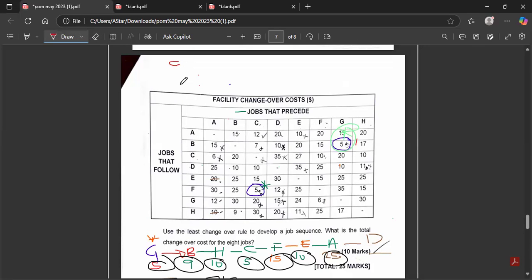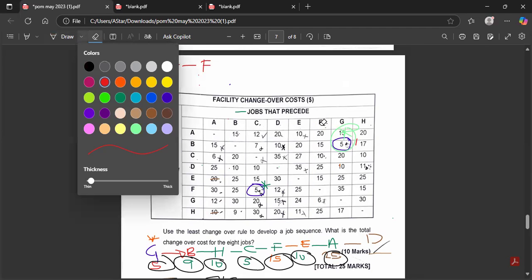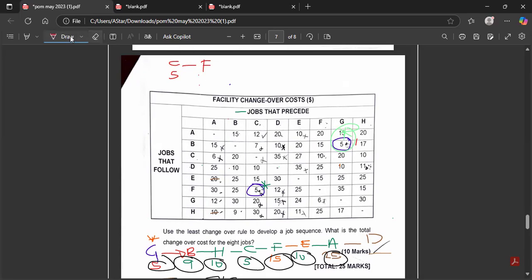So C, it will be 5, followed by F. The smallest in F is what? 6. Now 6 is G. So F is 6.